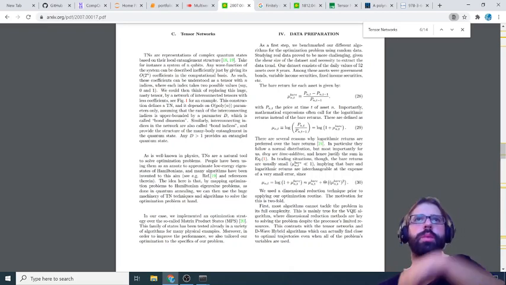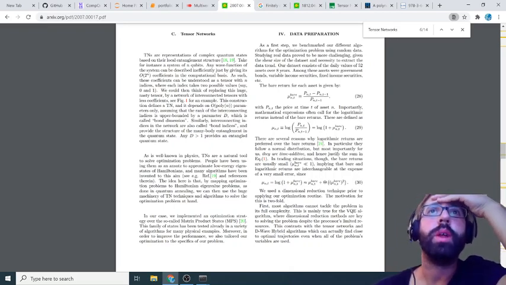Nasty. So what is? Oh, any wave function of the system can be described inefficiently just by giving its coefficients in a computational basis. As such, this coefficient is understood as a tensor with n indices. Network of interconnected tensors. Interconnected indices in the network are also called bond indices and provide the structure of the many-body entanglement in the quantum state.